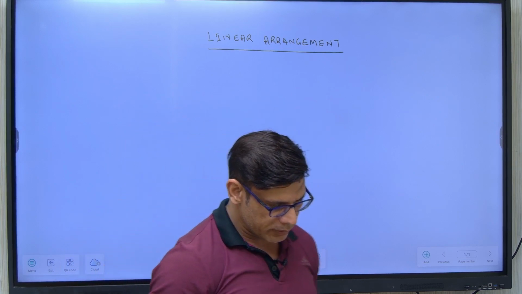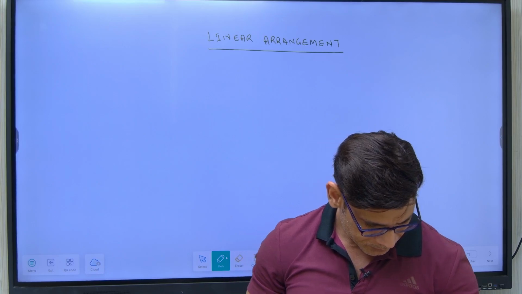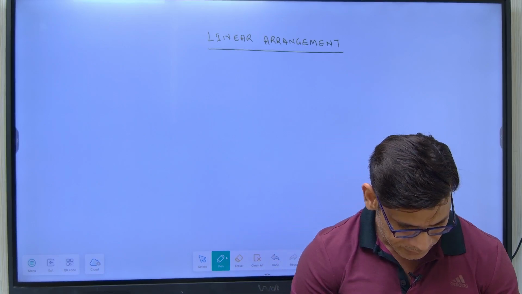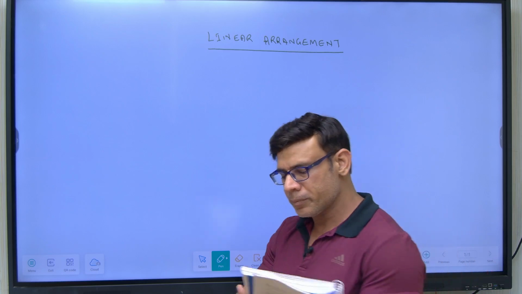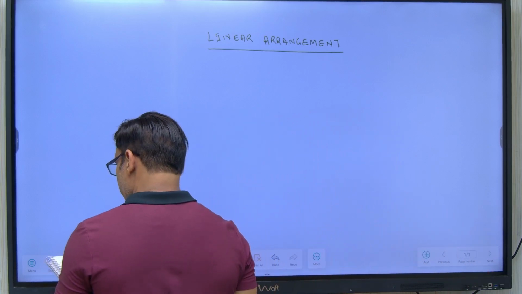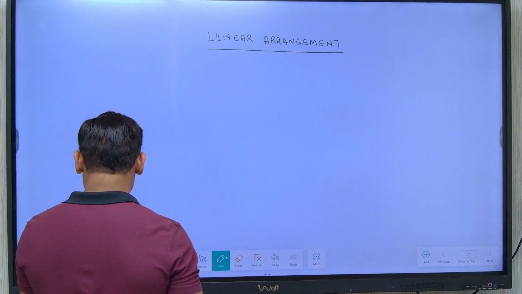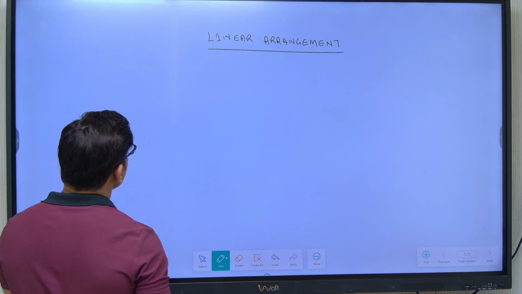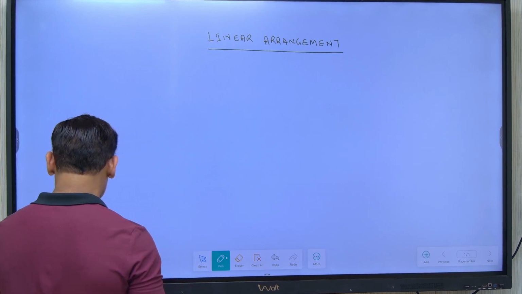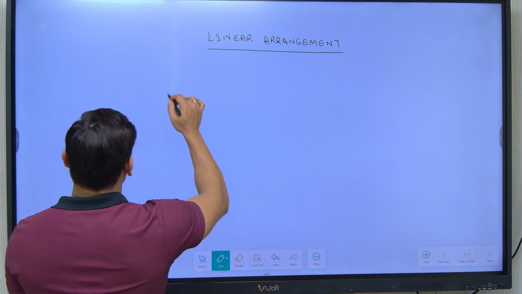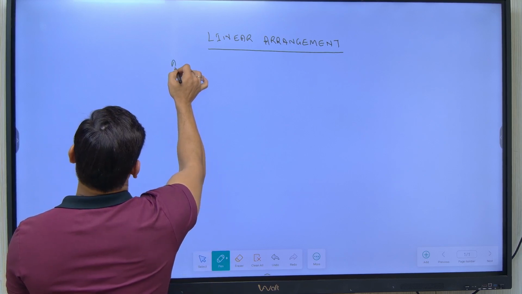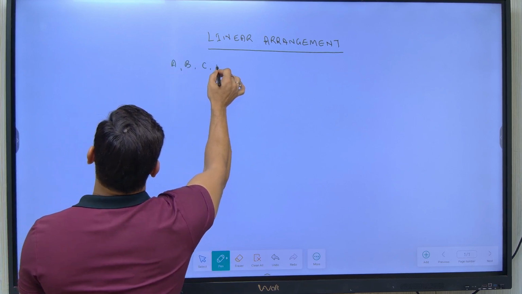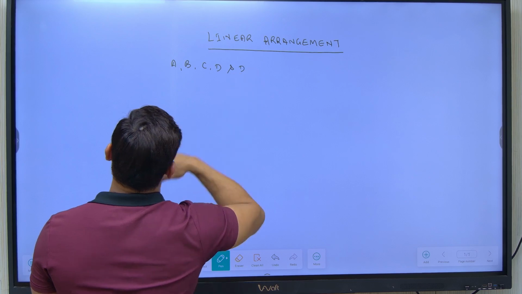Now let me take one question from the book. There are 5 friends A, B, C, D, E standing in a row facing south.